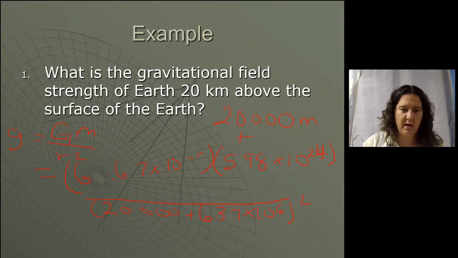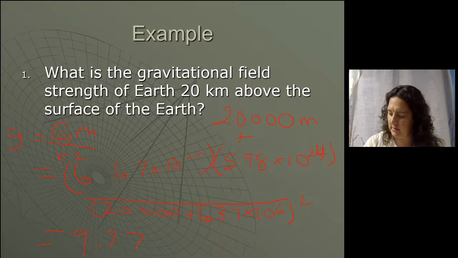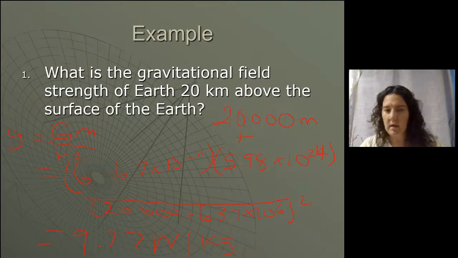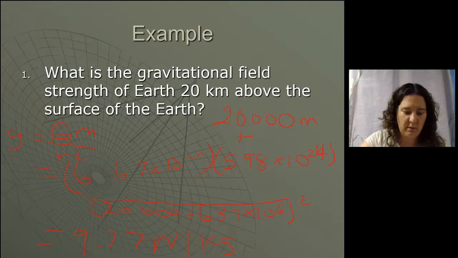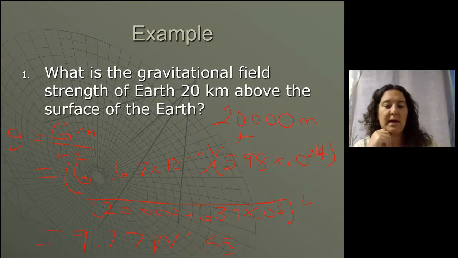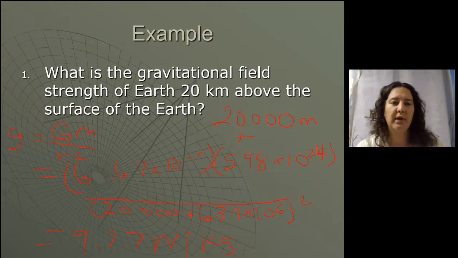So I end up with 9.77 newtons per kilogram. So my gravitational field strength, 20 kilometers above the surface of the Earth, is 9.77 newtons per kilogram.